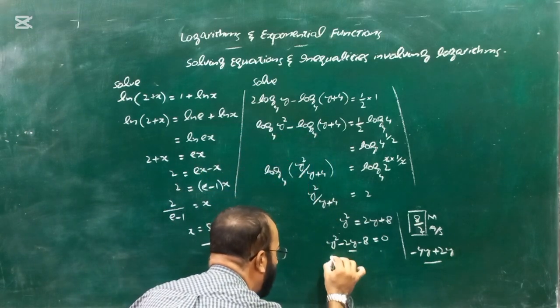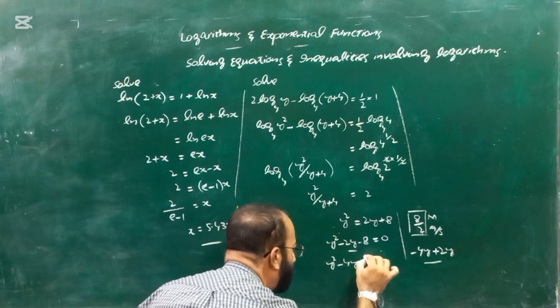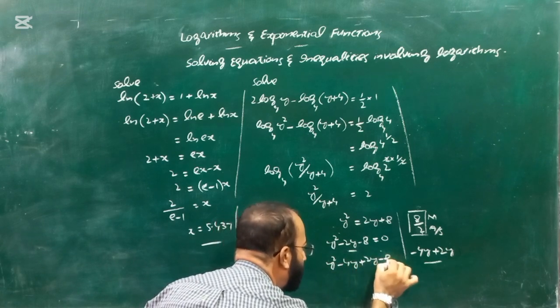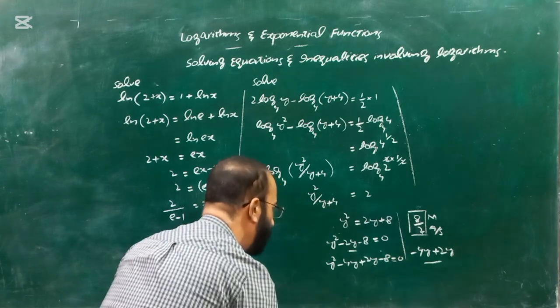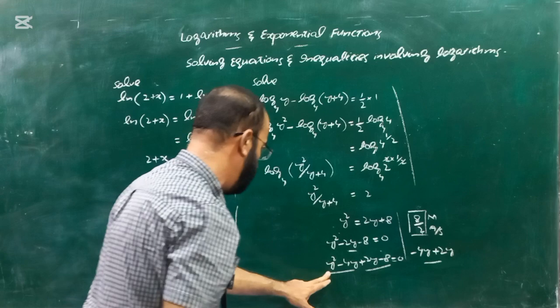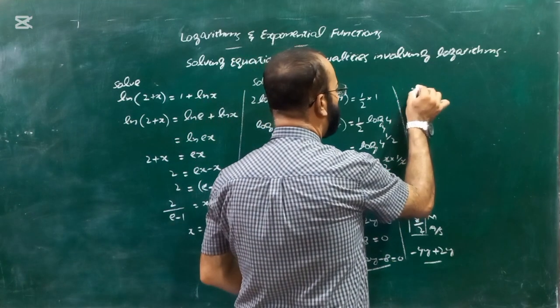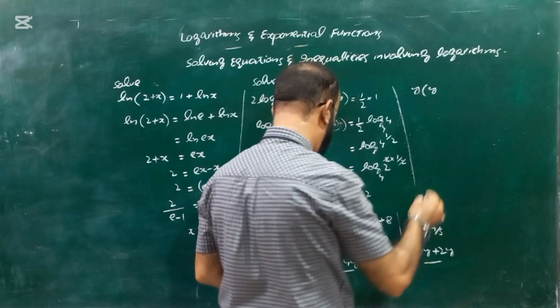So y square minus 4y plus 2y minus 8 will be equal to 0. From here make pairs and take common. From the first pair y will be common, so y into y minus 4.